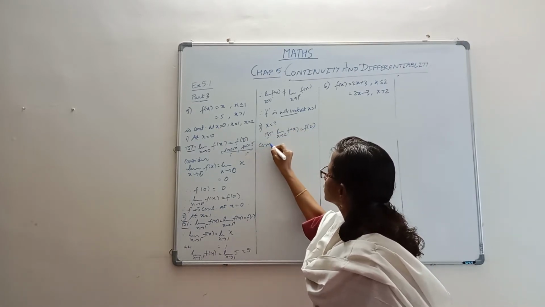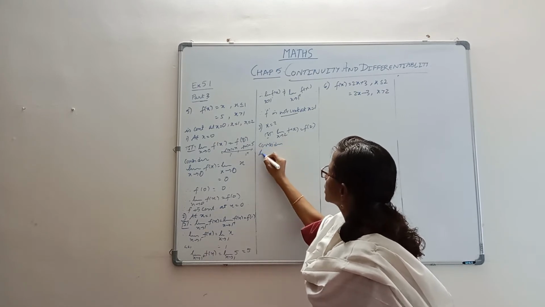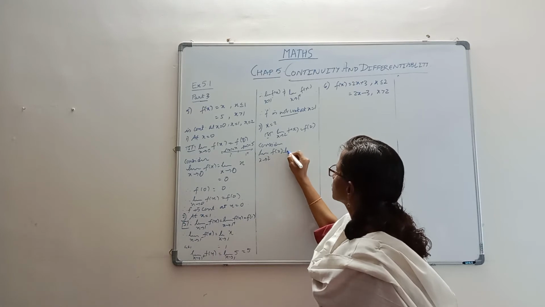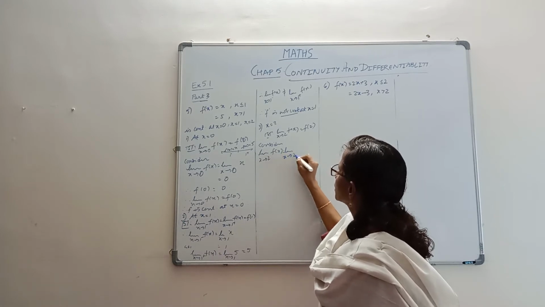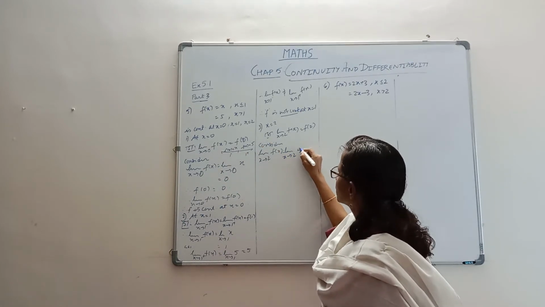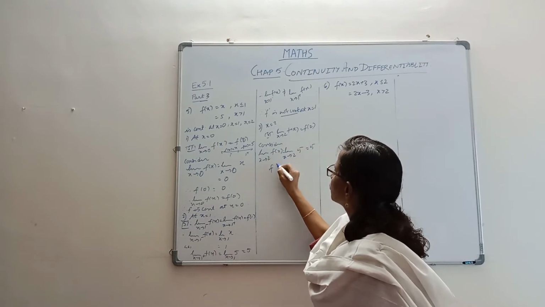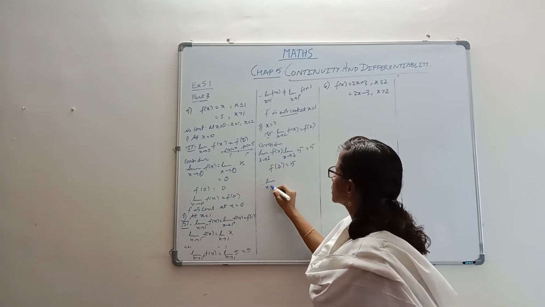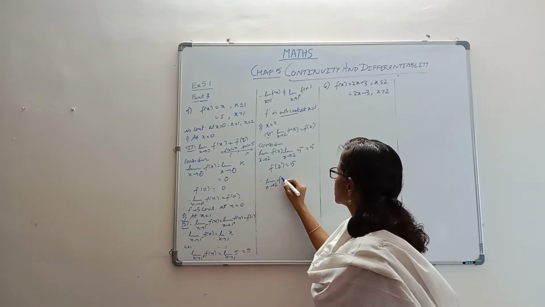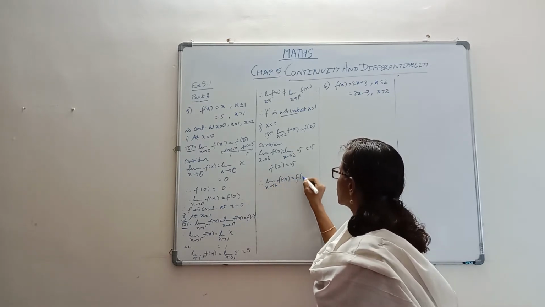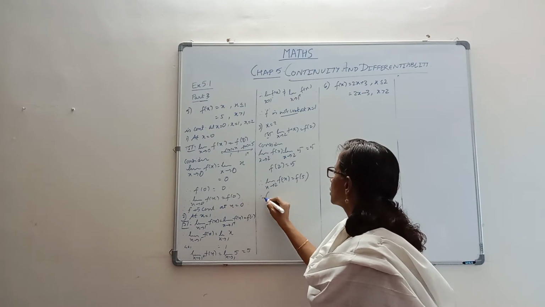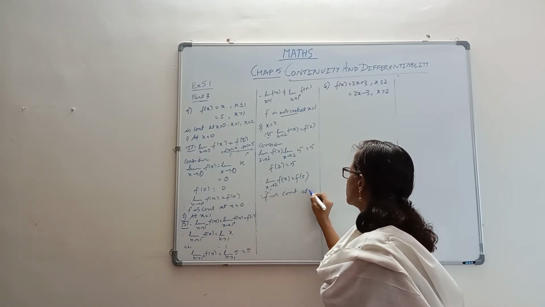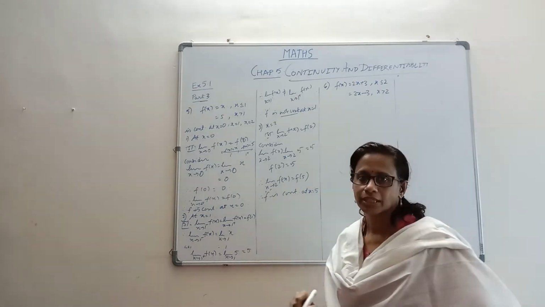Consider limit as x tends to 2 f of x, that is f of x in this area is 5, so it's 5, and f of 2 because it's in that area is 5. So limit as x tends to 2 f of x is f of 2. Therefore f is continuous at x equal to 2. That's about it.